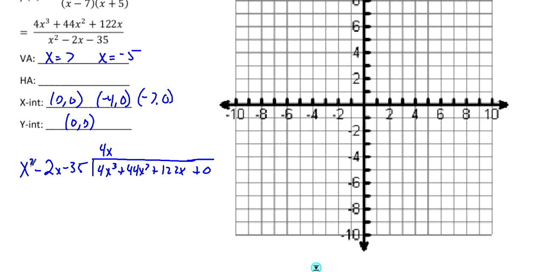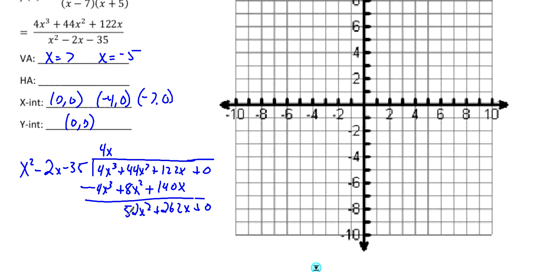You're going to put 4x because 4x times x squared gives me 4x cubed minus 8x squared minus 140x. And then you switch the signs, which gives you 0. This gives you 52x squared plus 262x plus 0.